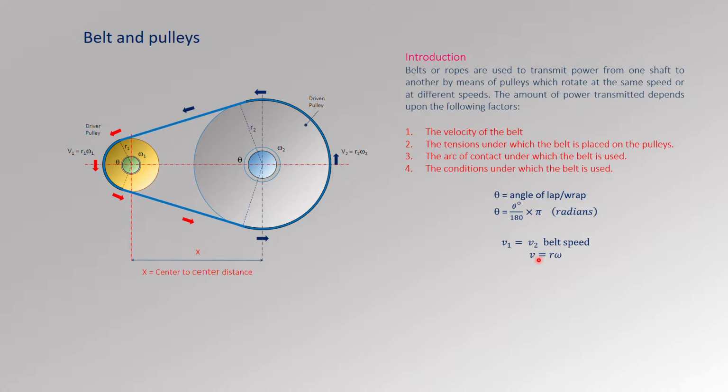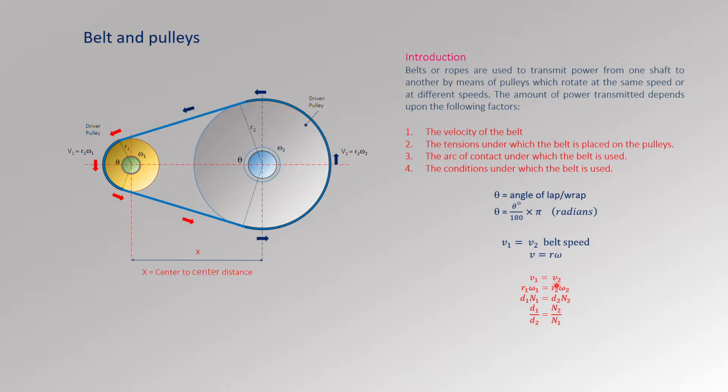V1 and V2 are the same, but R and omega would be different. The radius of both pulleys will be different, and the rotational speed of the driving and the driven shaft will also be different.